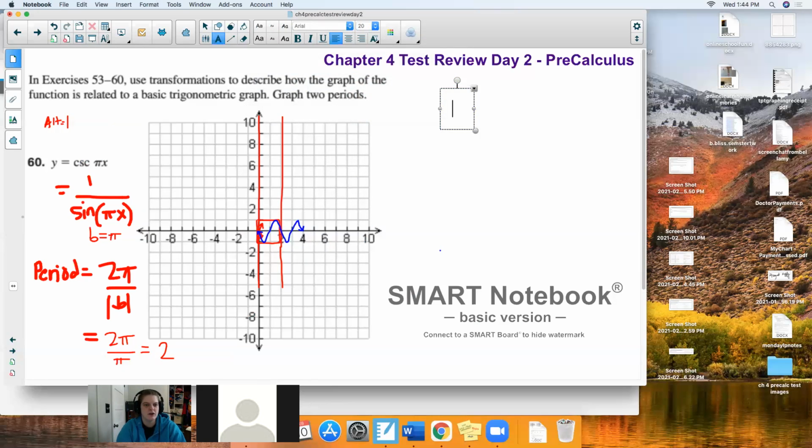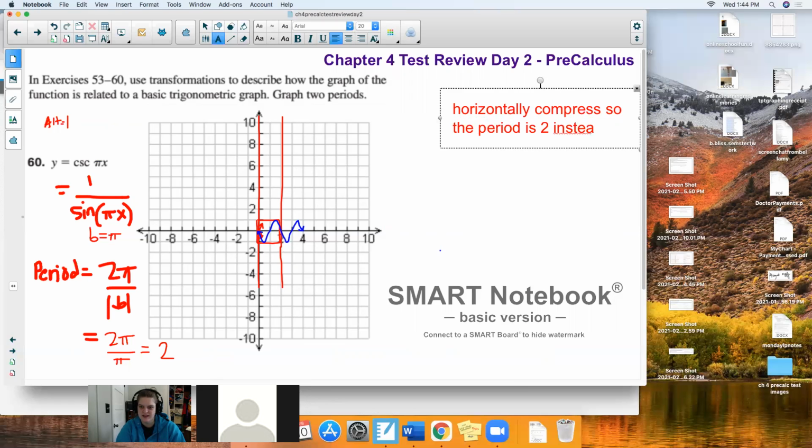Okay, so what is it going to do? Transformations, lots of things. Horizontally compress. So the period is 2 instead of 2 pi, which of course 2 pi is 6 point something, 6.28.